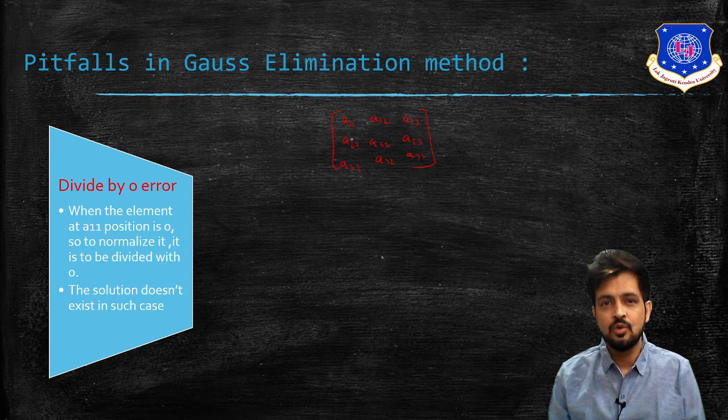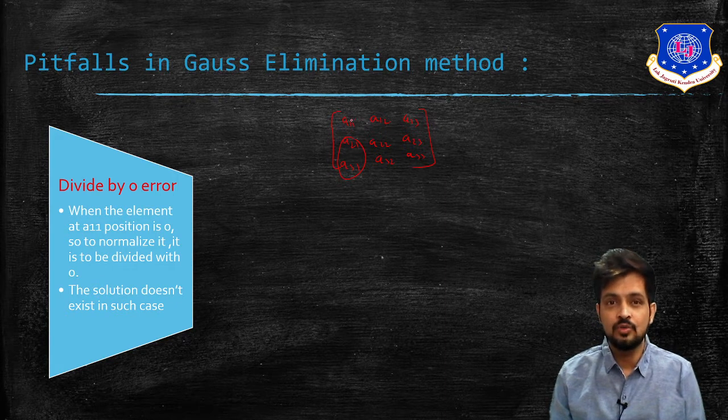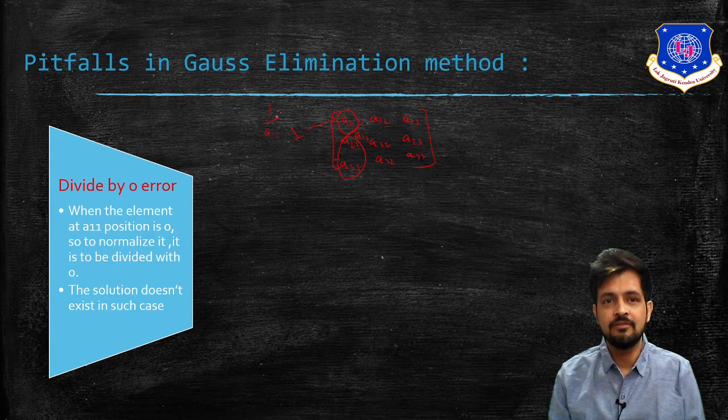To normalize, first of all we have to make this element 1. How can we make this element 1? We have to divide by A11. So 1 upon A11 into R1 will give us 1 here.